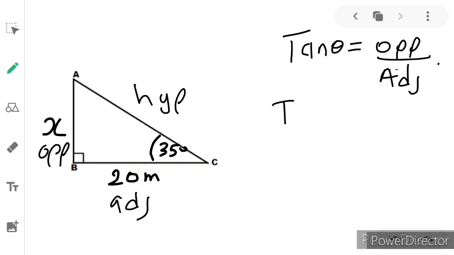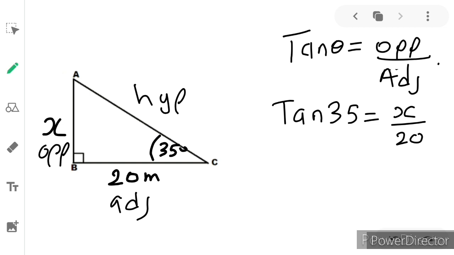So this would be tan theta, and in this case theta will be 35 degrees. So this will be tan 35 is equal to the opposite, which is x, over the adjacent, which is 20.